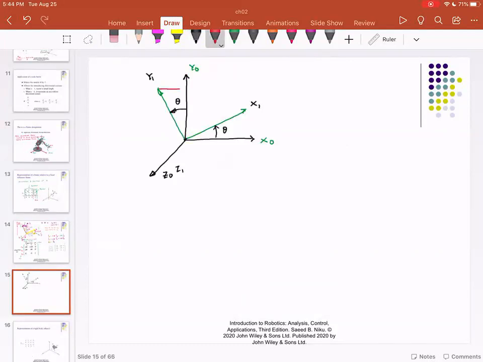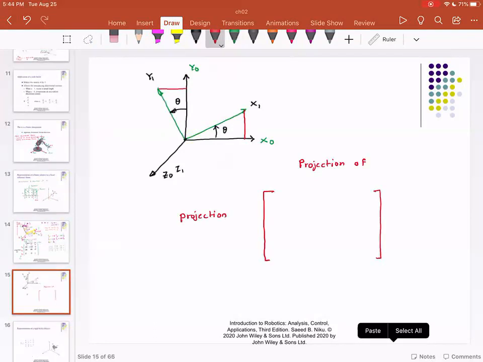I'm going to draw perpendiculars and the rotation matrix, projection of the new frame, x1, y1, z1, on x0, y0, z0.